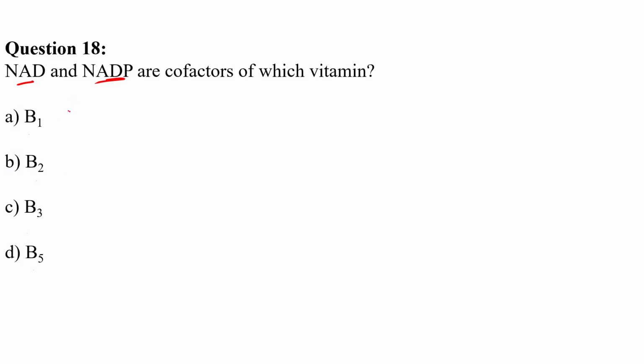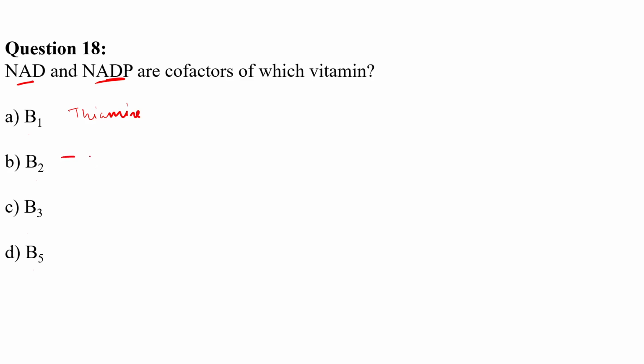So what is B1? B1 is thiamine. I am telling you the names again and again so that you remember. When you are studying, whenever you see vitamin B1, try to remember which vitamin that is, or if you see the name thiamine, remember the name of that vitamin.